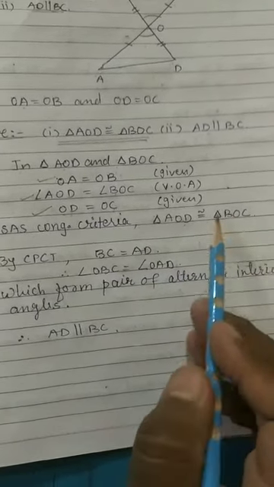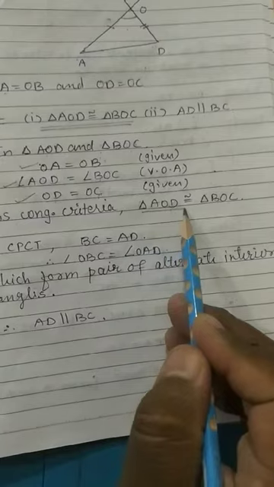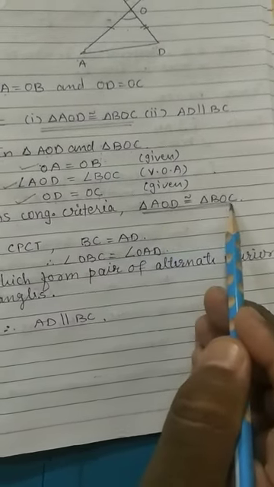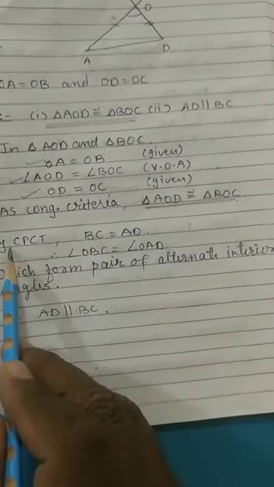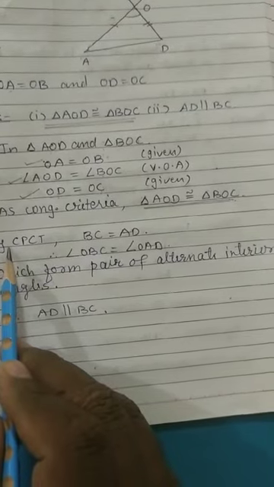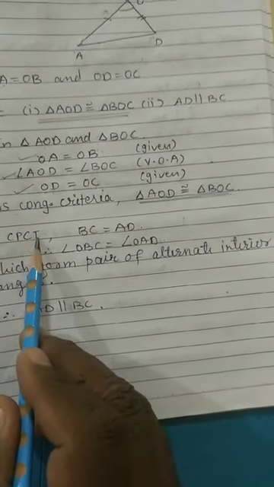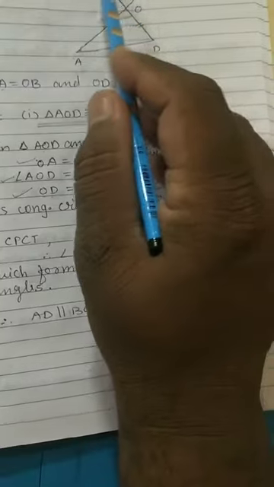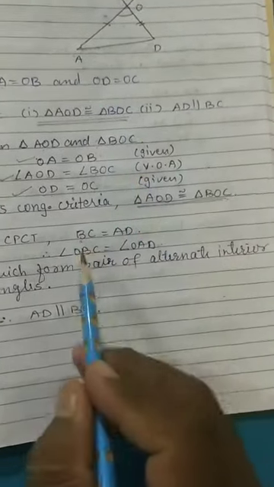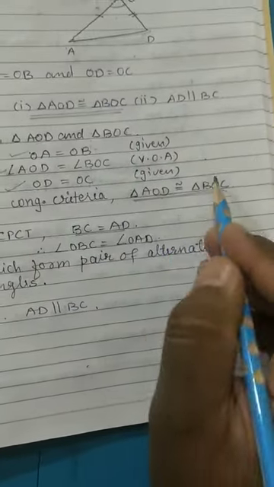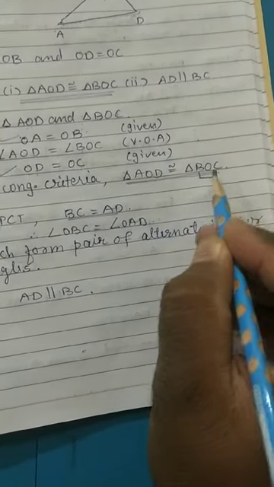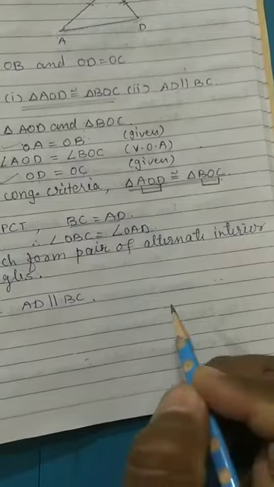Okay. Now we know that if these two triangles are congruent, so by CPCT, that is corresponding parts of congruent triangles are equal. So can we say BC is equal to AD? You can check BC is equal to AD, right?